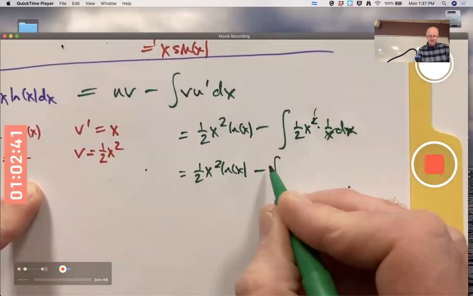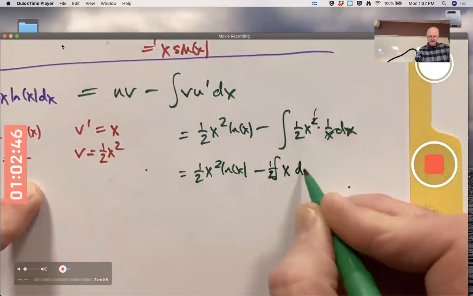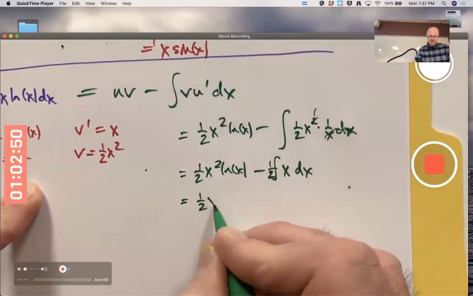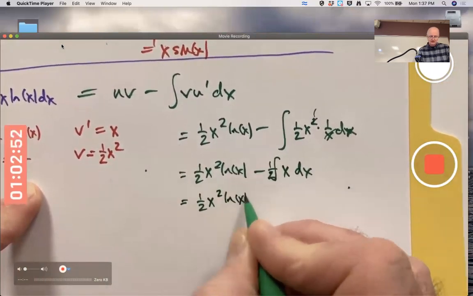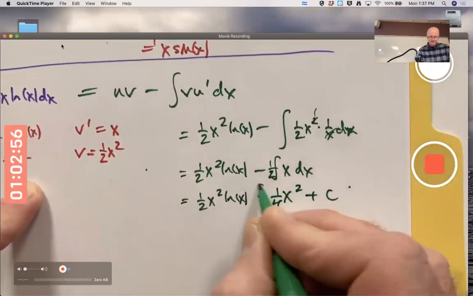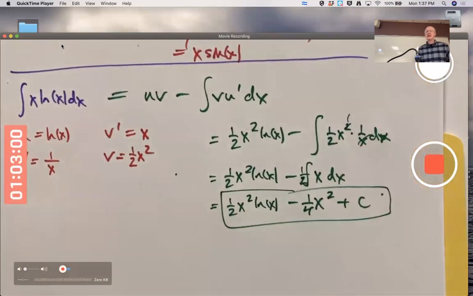And we ultimately can bring the 1/2 out in front as well. We're ultimately integrating x. And here's the final answer. We'll check it in a second here.